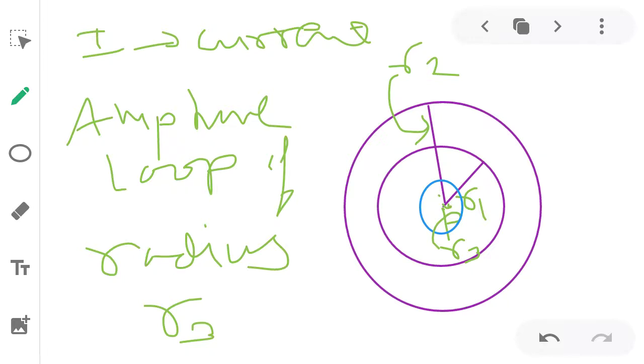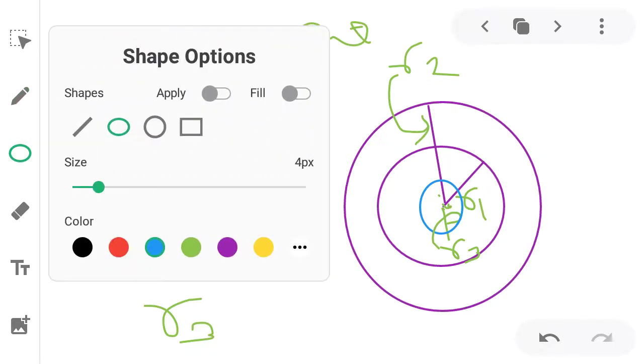Similarly, we draw another loop here, this yellow one.